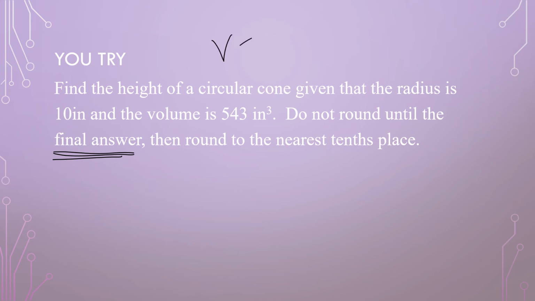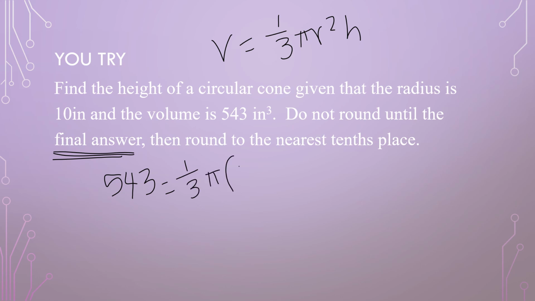Okay, so the volume of a cone is 1/3 pi r squared times h. They give us the volume, which is 543. They give us the radius, which is 10, and we're looking for the height.